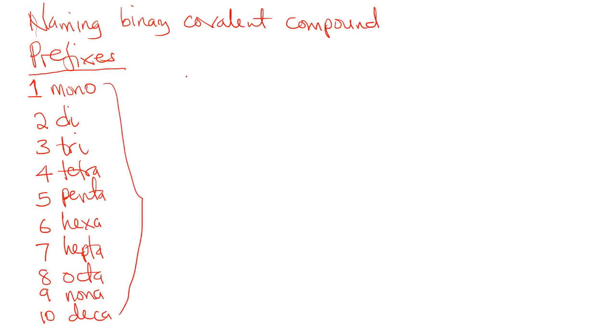So what does it mean? So let's say we have NO. How do we name that? So what we do is, the first element here, this is element 1. This one, element 2.